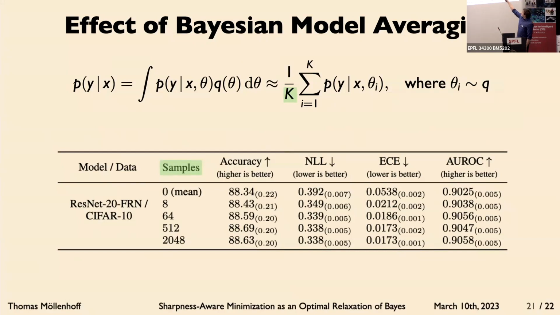We can sample random weights from the distribution that the BSAM method estimates. And then we can average the prediction of all these experts. So we can sample K experts from our estimated distribution. And we can see that by increasing the number of samples, our accuracy starts to increase and our calibration error decreases.